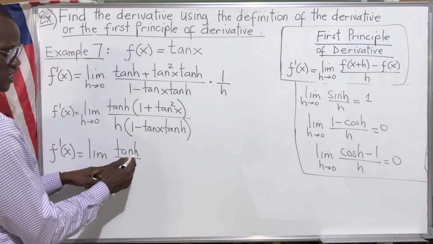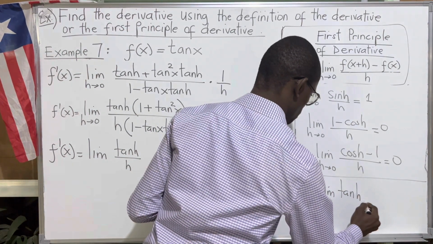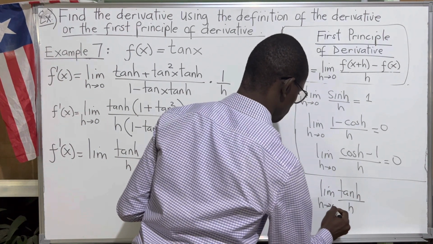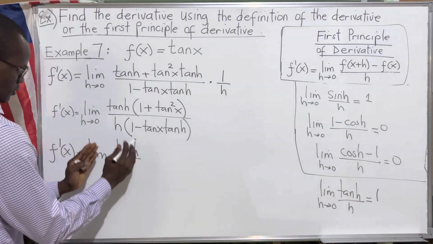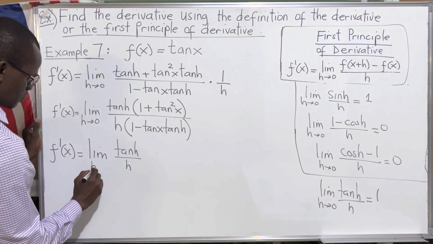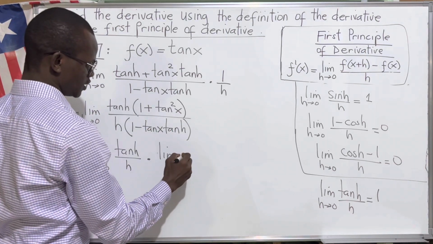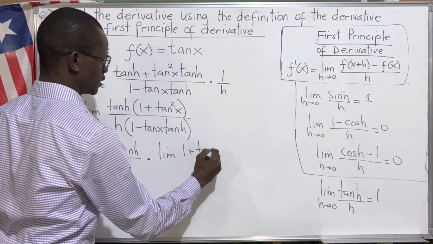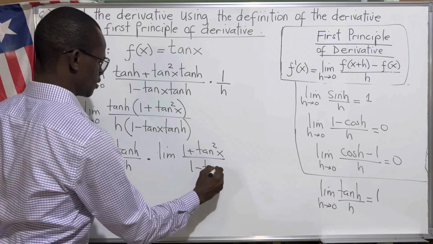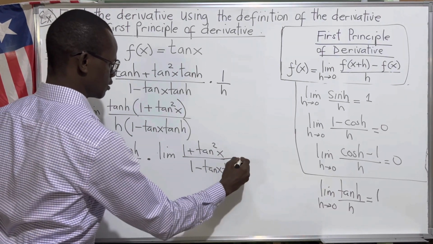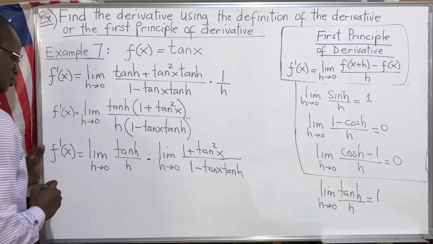Remember, according to the squeeze theorem, the limit of tangent of h over h as h approaches 0 is equal to 1. So we can extract this portion, and then take the limit of the remaining portion, which is 1 plus tangent square x all over 1 minus tangent of x tangent of h, as h approaches 0.